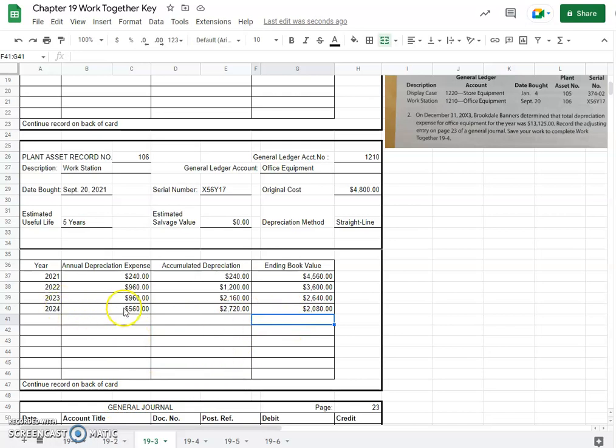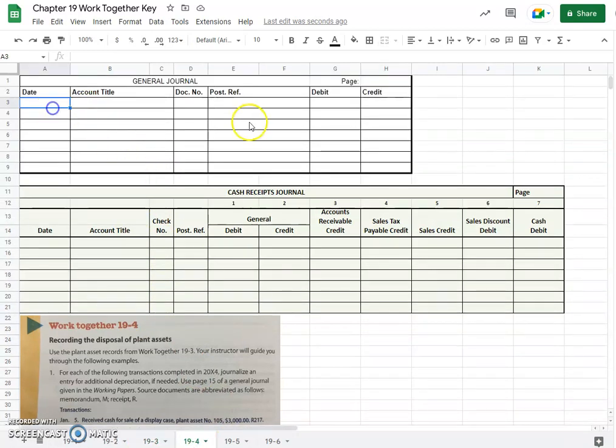So this $560 is what we'll need to journalize over here in 19-4.